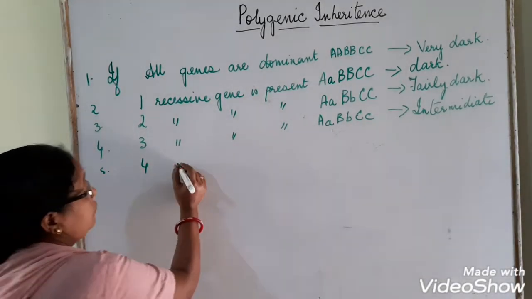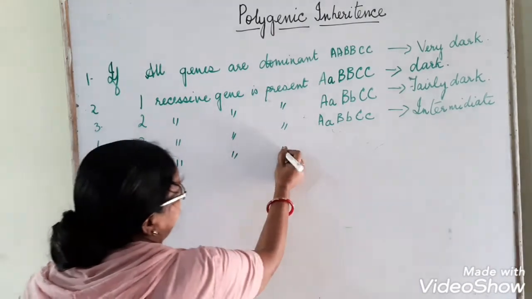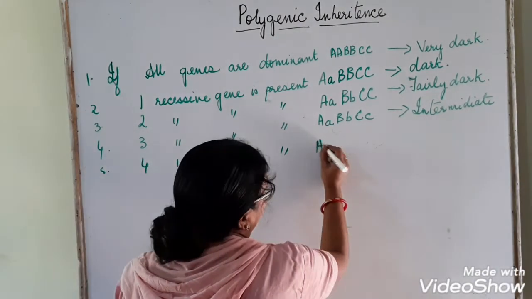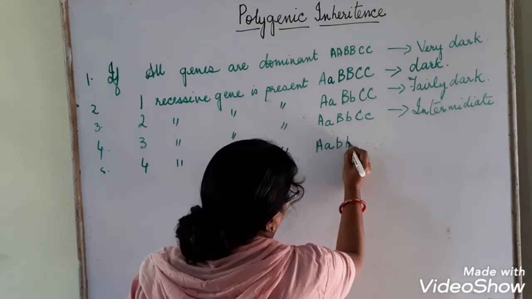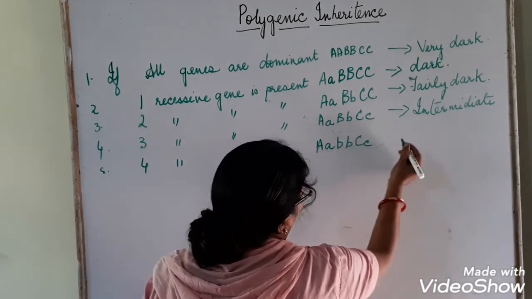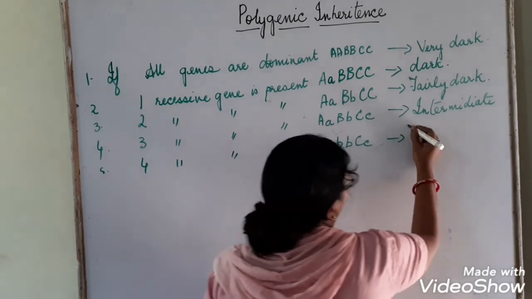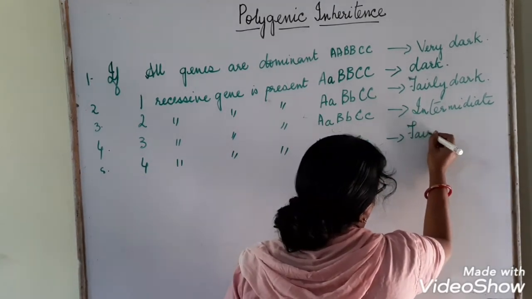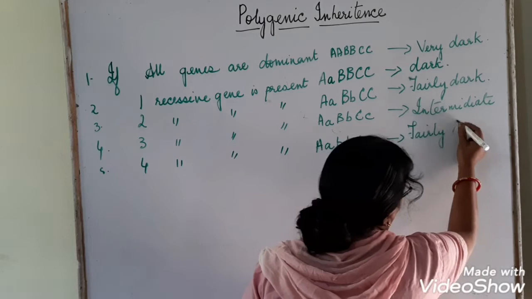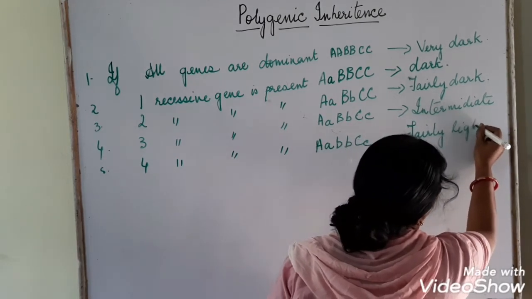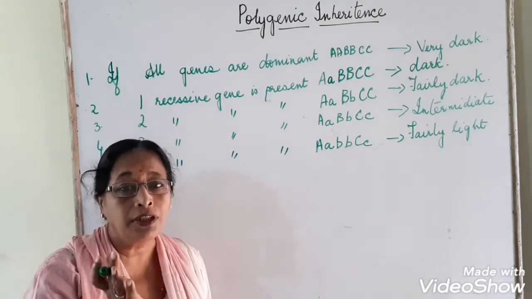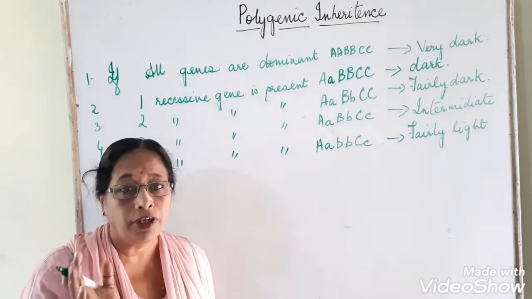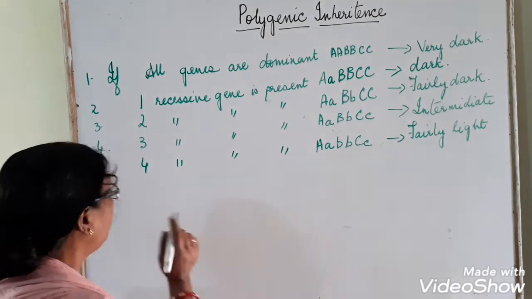If four recessive genes are present, then the color is fairly light. Fairly light means better than intermediate, means little fairer than intermediate or little whiter.